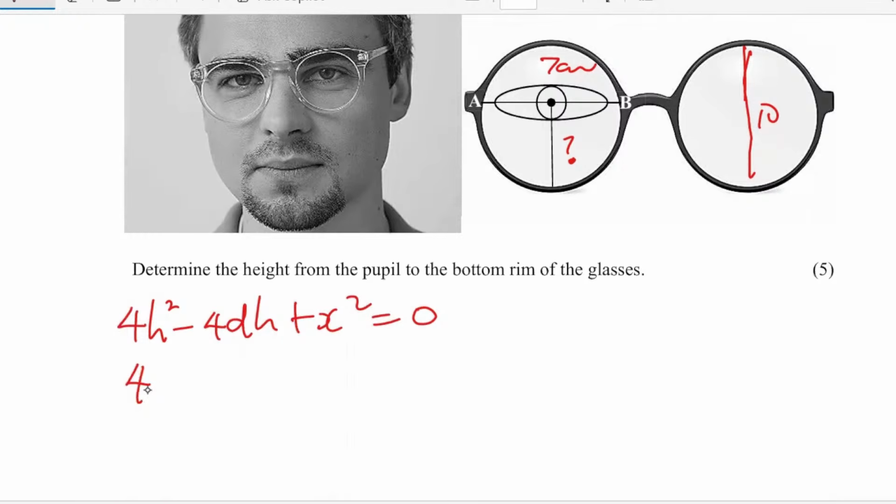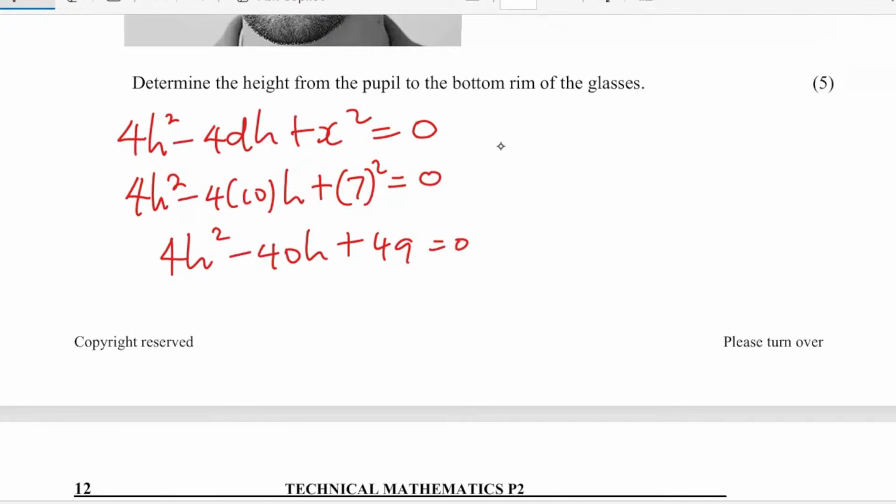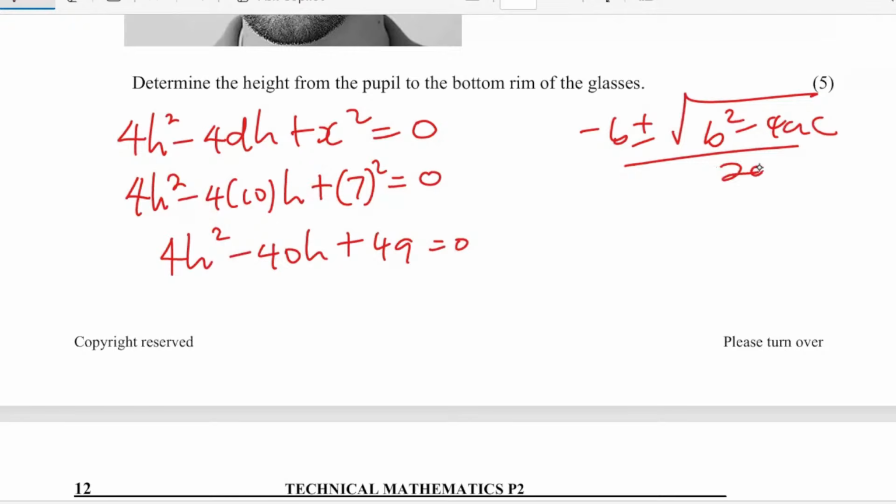It's going to be 4h squared minus 4 times 10 with h plus the x, which is 7. Okay, should be equivalent to 0. This gives us 4h squared minus 40h plus 49 equals 0. And then we can substitute this into a quadratic formula, negative b plus minus the square root of b squared minus 4ac over twice a.